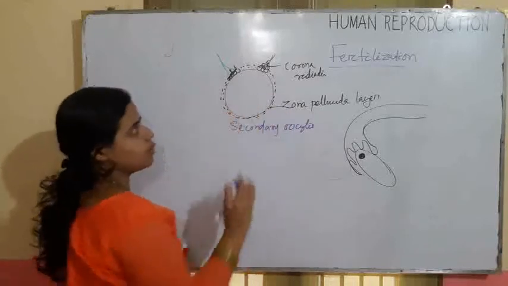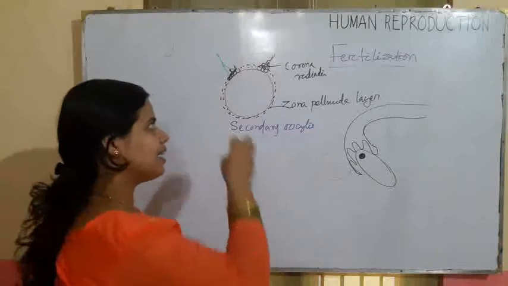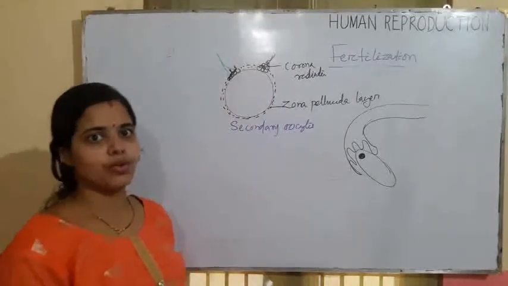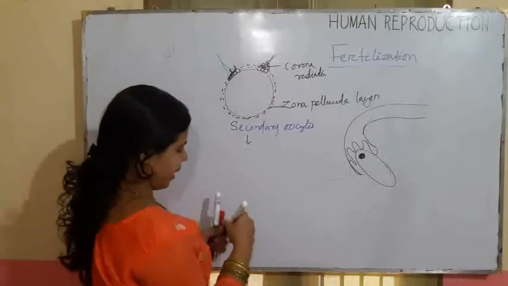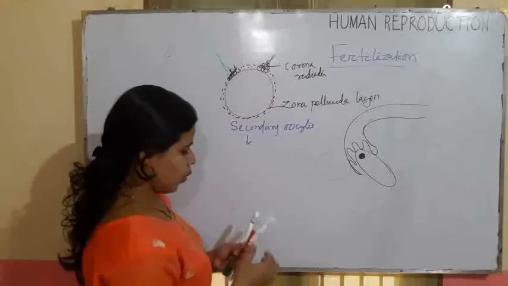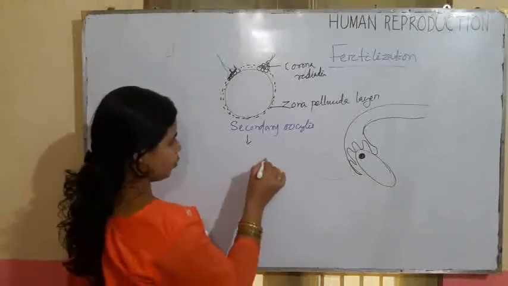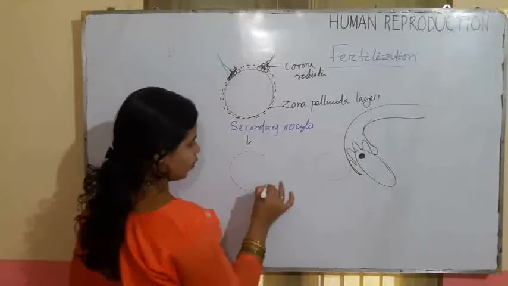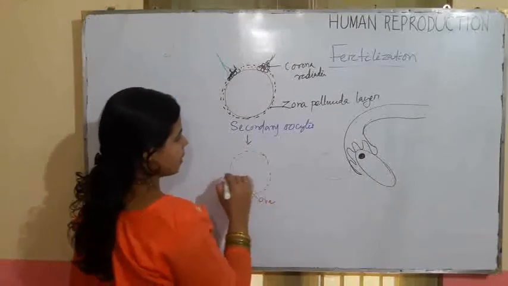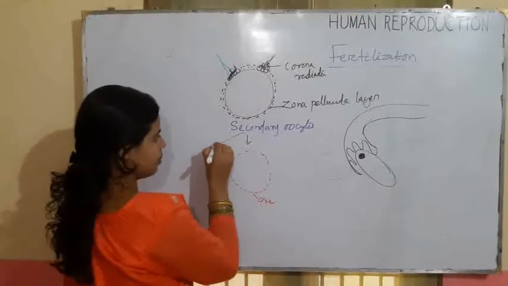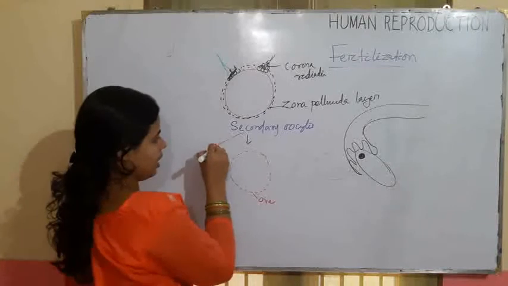This secondary oocyte gets triggered by the sperm and undergoes further division to form the ovum. So it finally converts into the ovum, or ova, or egg cells, and it also produces a tiny secondary polar body.